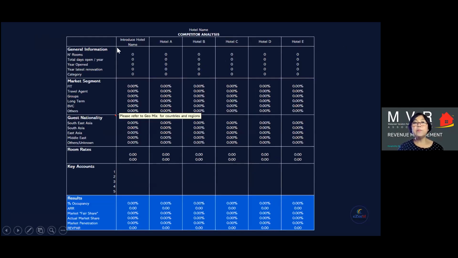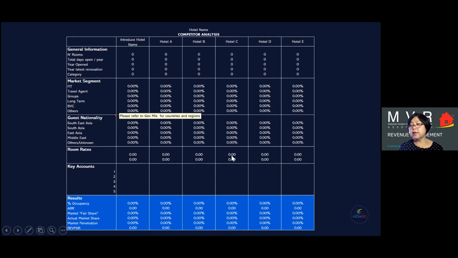So you list your own property and competitors A, B, C, D, E. Then this is the information: number of rooms, which year it opened, whether they did a renovation, star category, and what market segmentation patronizes them.